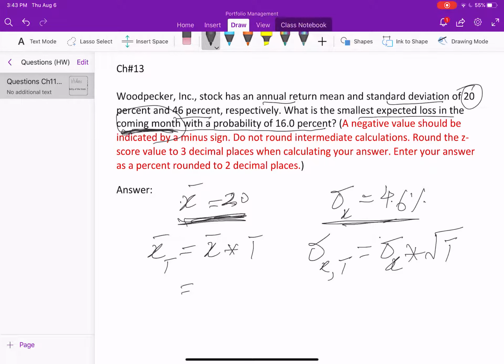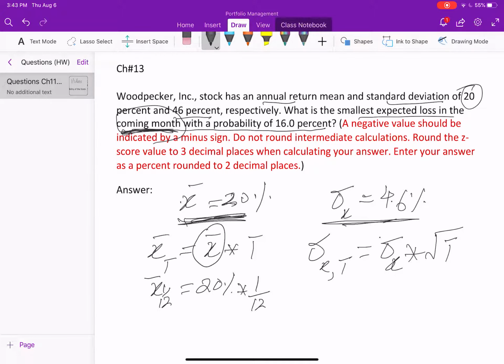When we plug in the values, this is 20% multiplied by the time period. The time here is the coming month, so it is a fraction of a year. There are 12 months in a year, so the time period becomes 1 divided by 12.